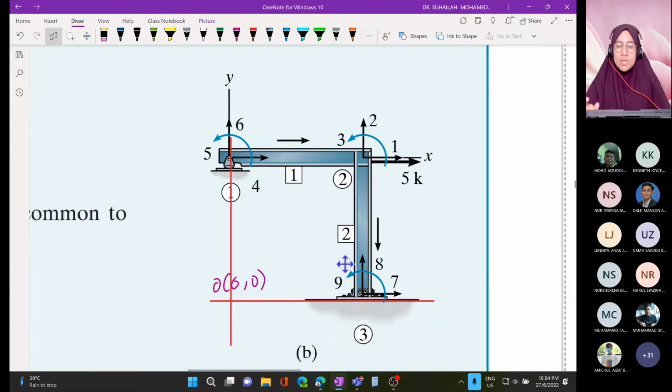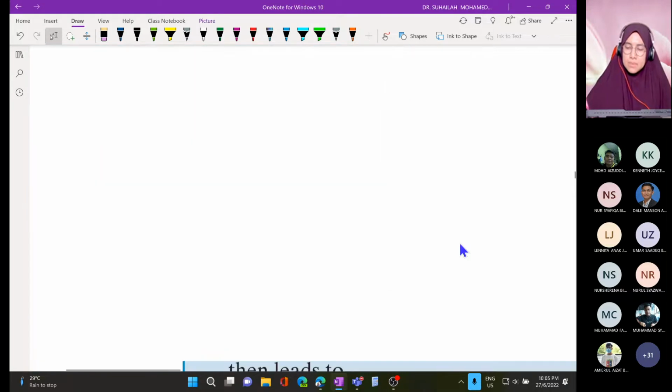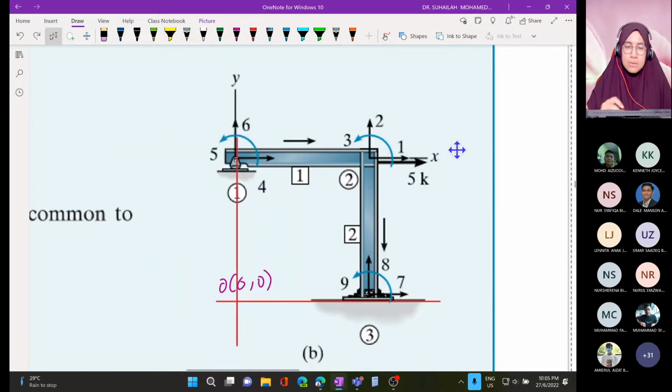And then the most important thing is we have to label according to unconstrained and constrained degrees of freedom. So there are 3 nodes. Here we have a roller.